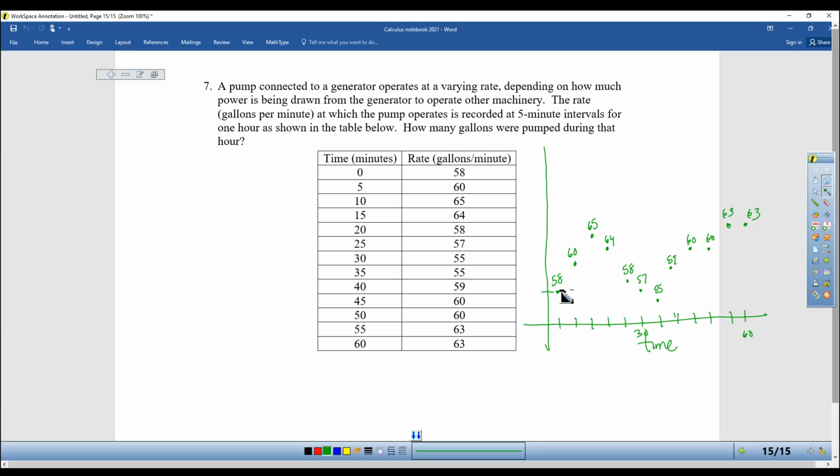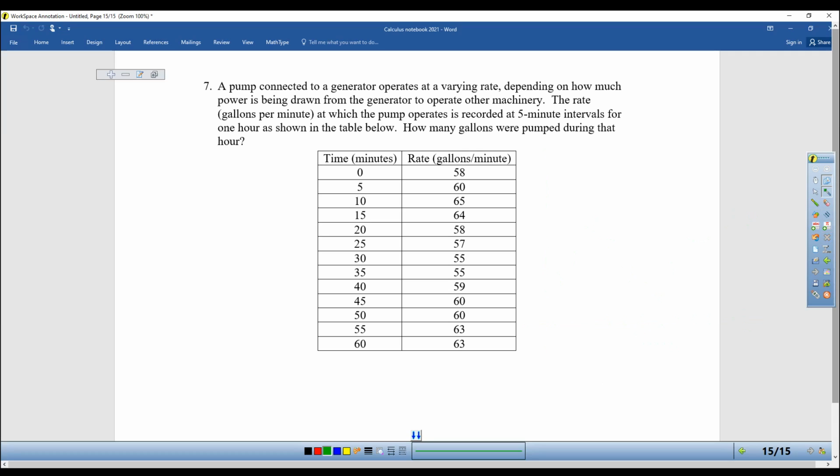So it's neat, right? Let's see. Did I start at 0? Okay, so let's go ahead and make this graph.